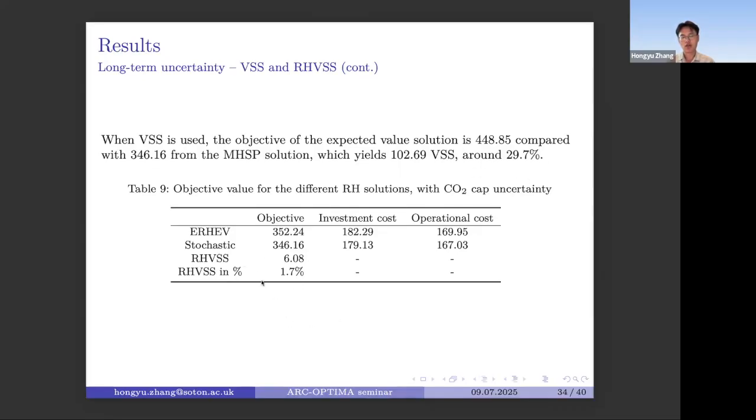But if you can do rolling horizon, it can also capture the uncertainty quite well. Let me rephrase it: rolling horizon is a less naive way than the deterministic counterpart.